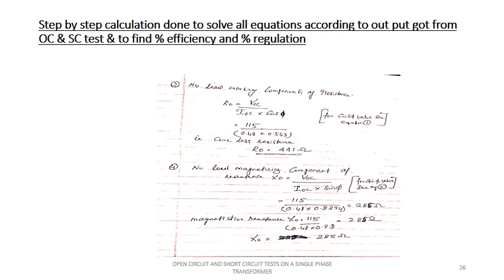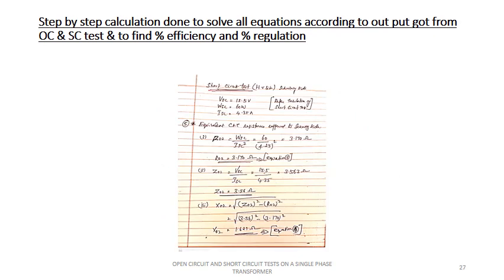And here also are the no load working component of resistance and the no load magnetic component of reactance. The formula is solved for one data. And next, the equivalent circuit resistance referred to the secondary side, and ZO2 and XO2 are calculated.